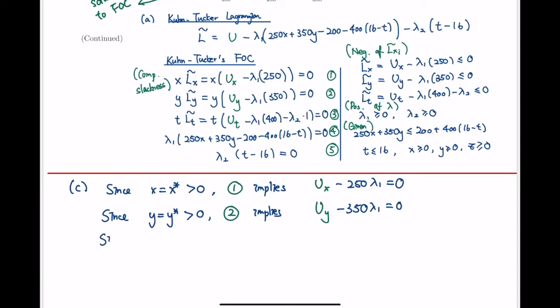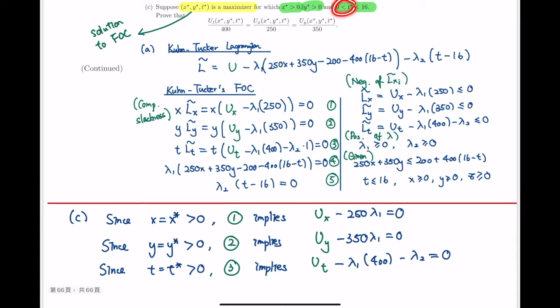And since t equals t star is strictly positive, the third equation implies ut minus lambda 1 times 400 minus lambda 2 equals 0. But that's not all. There's one more that you know, because t is not only positive, it's also strictly less than 16.